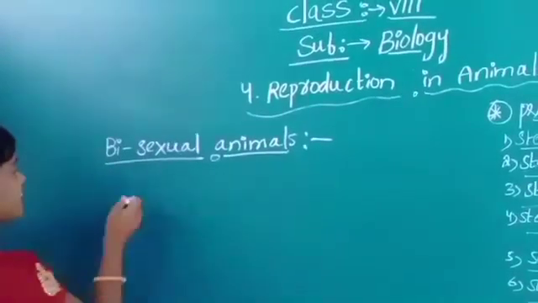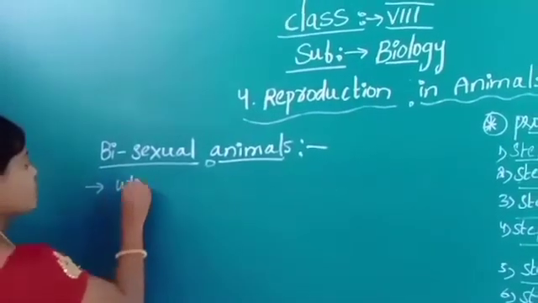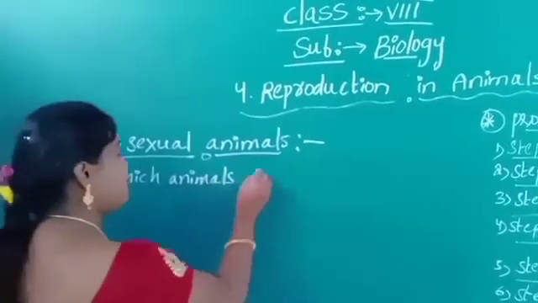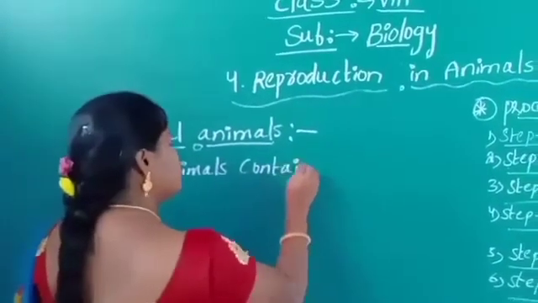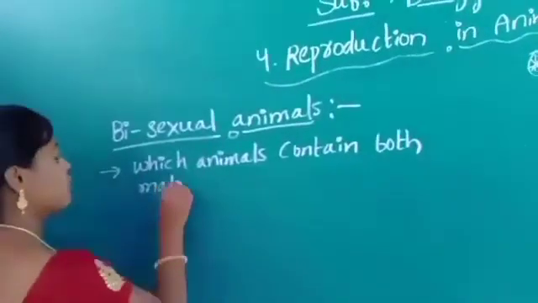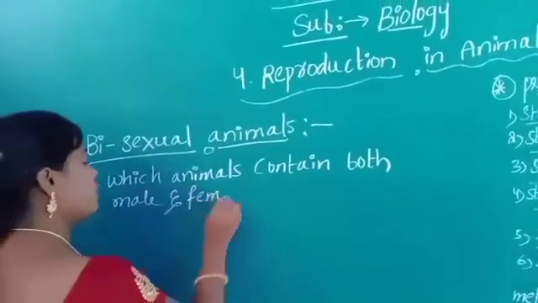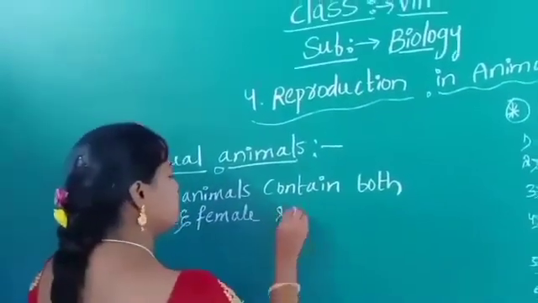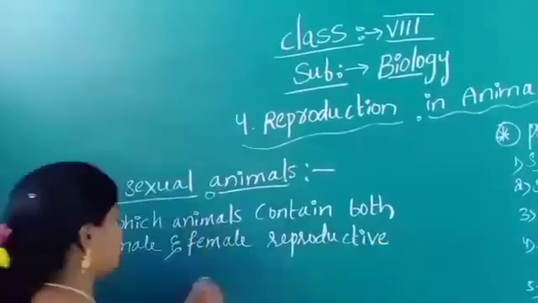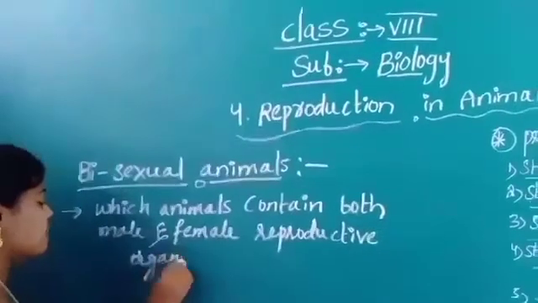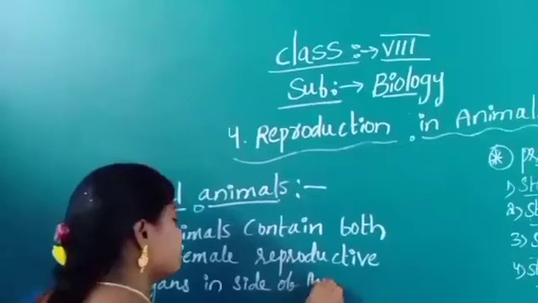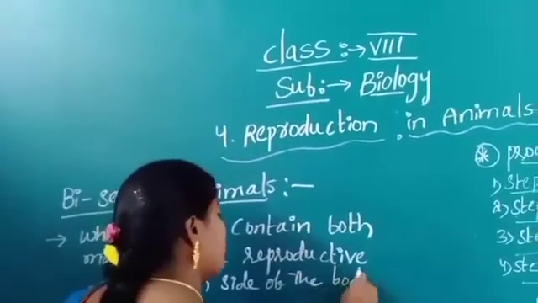Okay, what are called bisexual animals? Animals that contain both male and female reproductive organs inside the body.